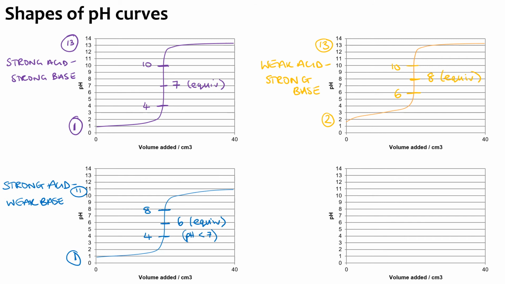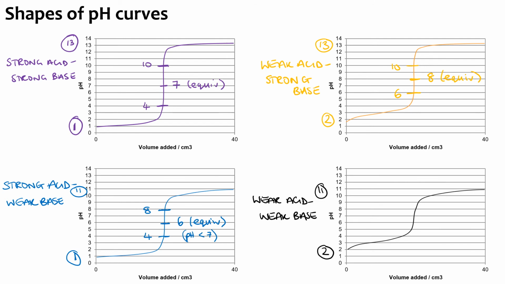Final graph that we're going to look at on this slide is this one. Now we're starting off with a pH of around 2 and we're ending up with a pH of around 11. So the pH of 2 means that we are starting off with a weak acid, and we're ending up with a weak base because it is around pH 11.